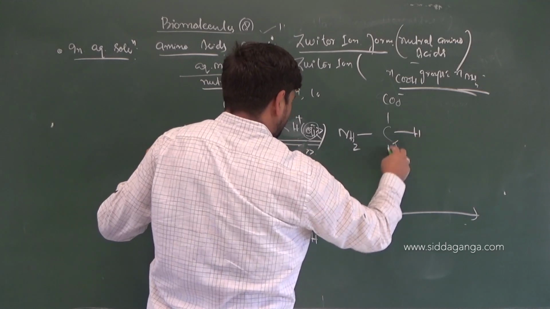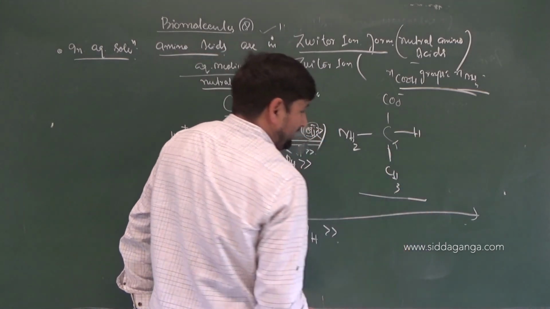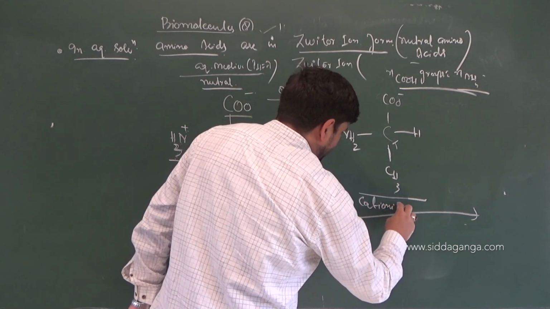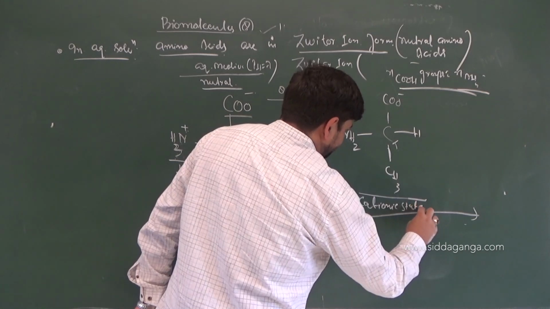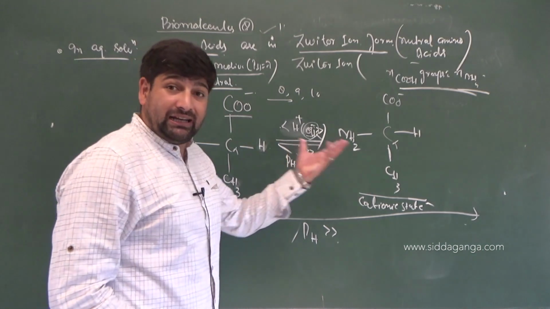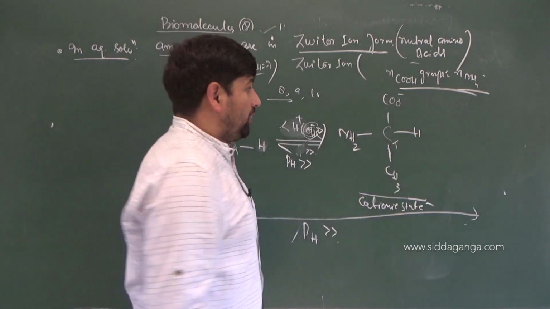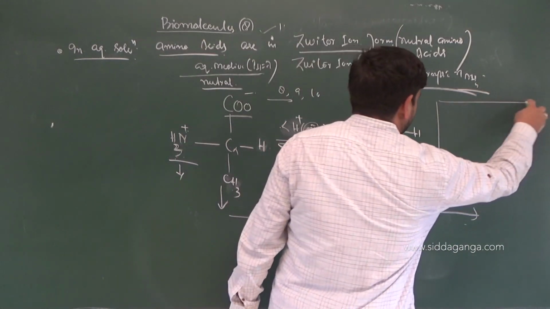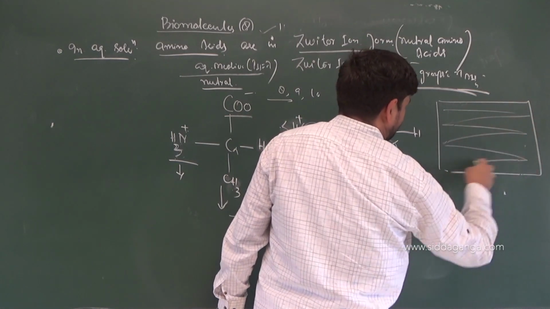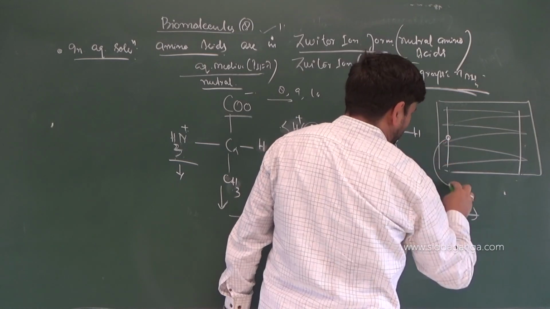So you have C alpha, COO minus, then NH2, then H, and R in the form of CH3. So you got an amino acid in which state? Cationic state. And you can analyze whether the particular amino acid is in cationic state or not on the basis of electrophoresis. So in electrophoresis, we have a tank which is fitted with a gel, with two ends, and there is a loading here.